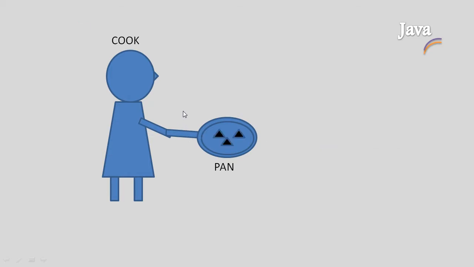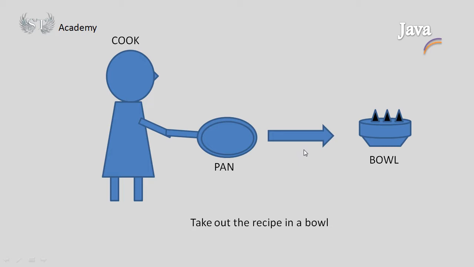for the second recipe he will put the ingredients in the same pan. He'll start cooking it. Once the second recipe will cook, the cook will take out that recipe in the bowl.